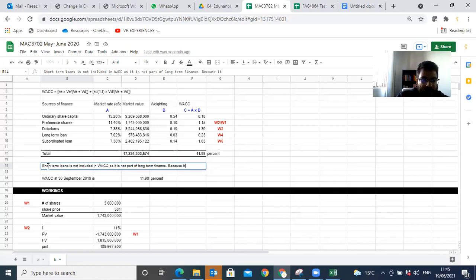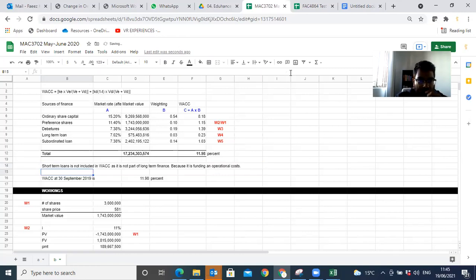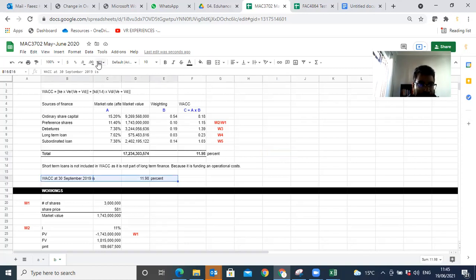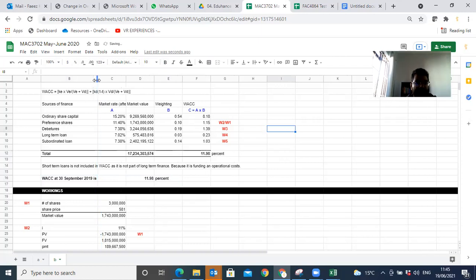Because it is funding operational costs, so not funding long-term investments. So now we're telling them why we're leaving out short-term loans. This is not long-term finance. Therefore, it is not part of WACC. So that is basically how I would have gone through this question, and that is what I think the answer is. I don't know if I made any errors, but that is what I think the answer is.